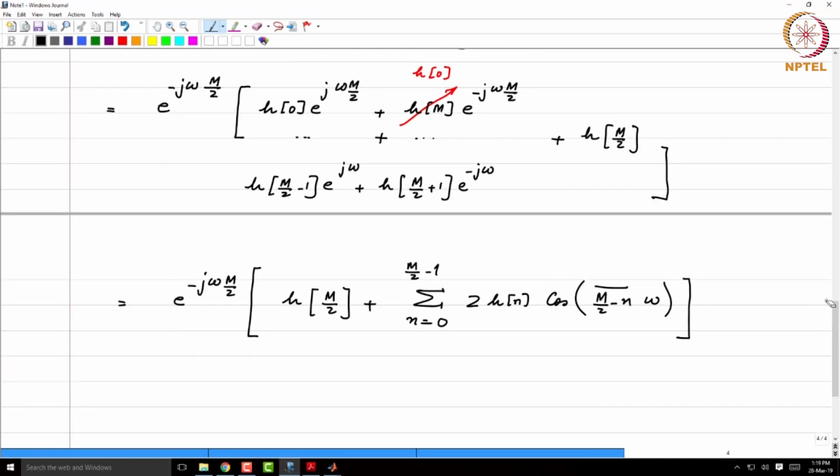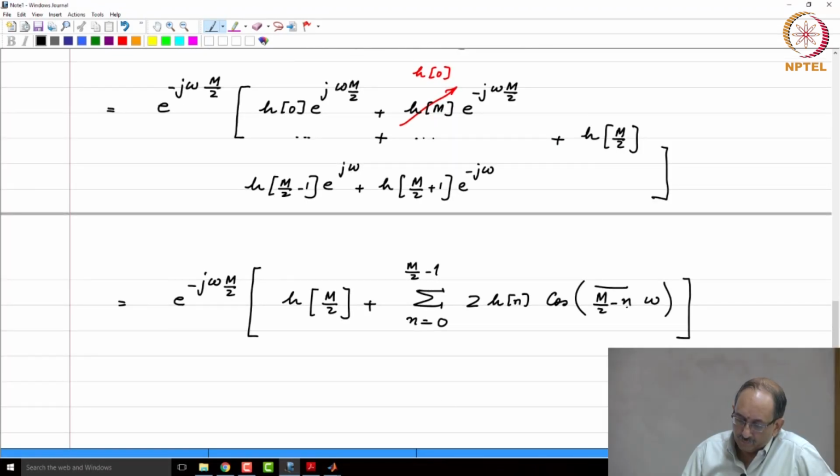You can quickly verify that this is true. For example, if you put n equal to 0 here, you will get cos m by 2 omega times h of 0, which is exactly this.